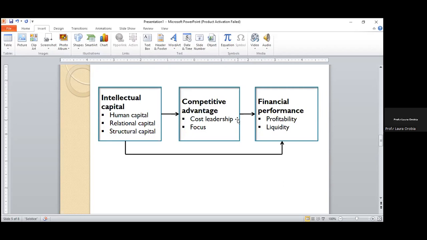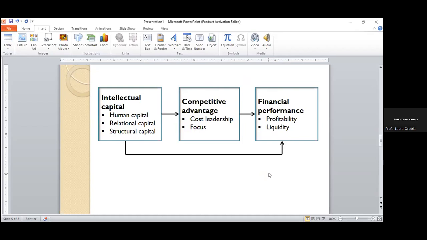It mediates the relationship between IC and FP. It mediates the relationship, meaning that for you to see improvement in financial performance, intellectual capital affects financial performance through competitive advantage, or it can have that direct relationship.